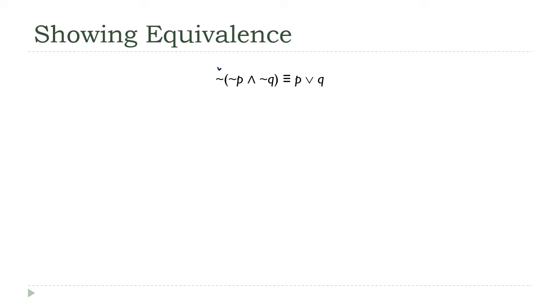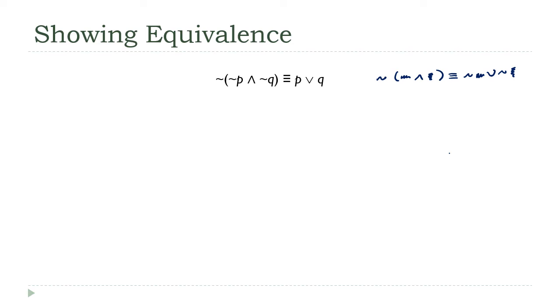Okay, so here's what I'm going to do to show this. What De Morgan's law says is the negation of an expression and another expression is equivalent to the negation of the first thing or the negation of the second thing, whatever those things are.